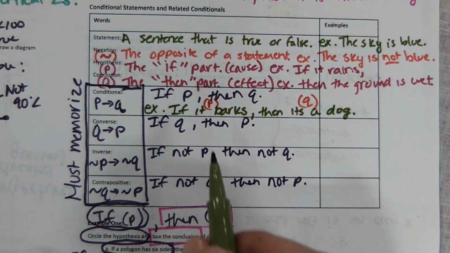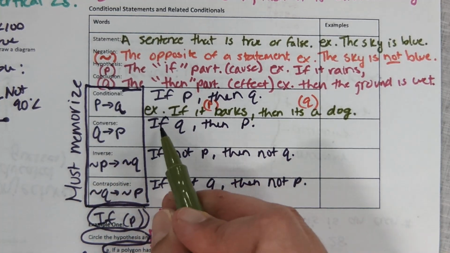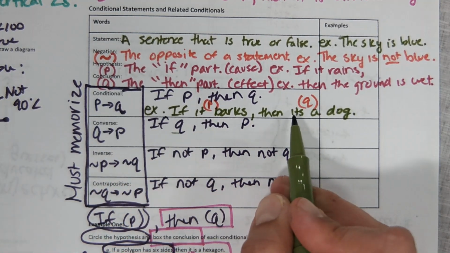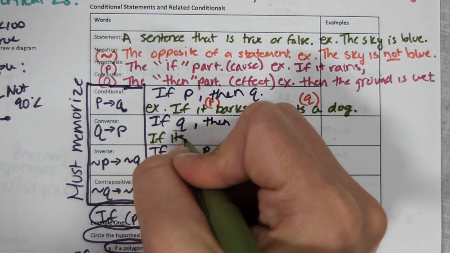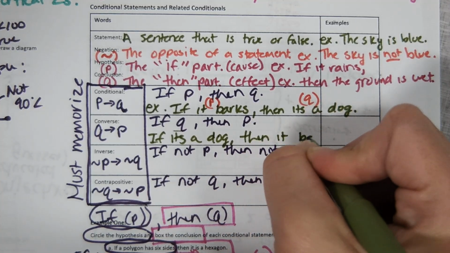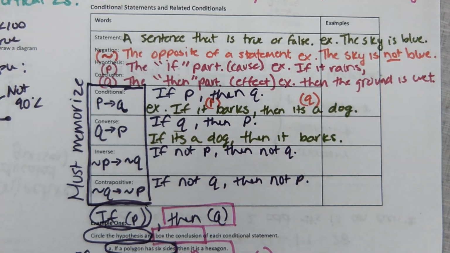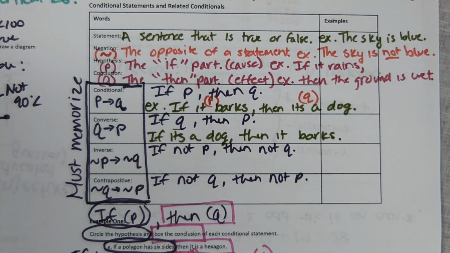Okay, so now that we've identified that in the conditional statement, which is usually the starting statement, then we can create the converse, which is Q, then P. So if it's a dog, then it barks. And I just switched the order there.